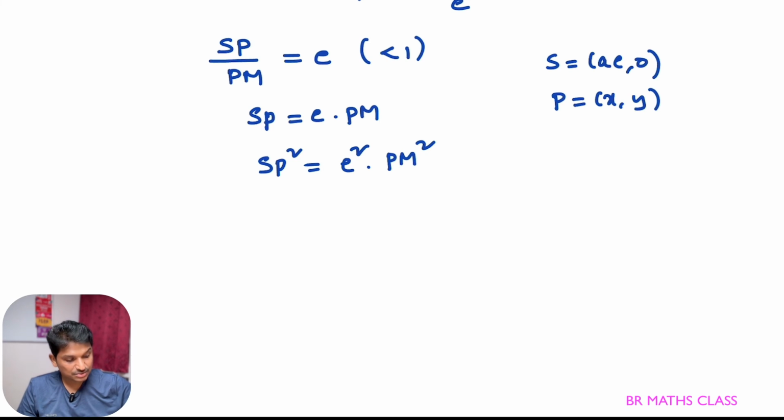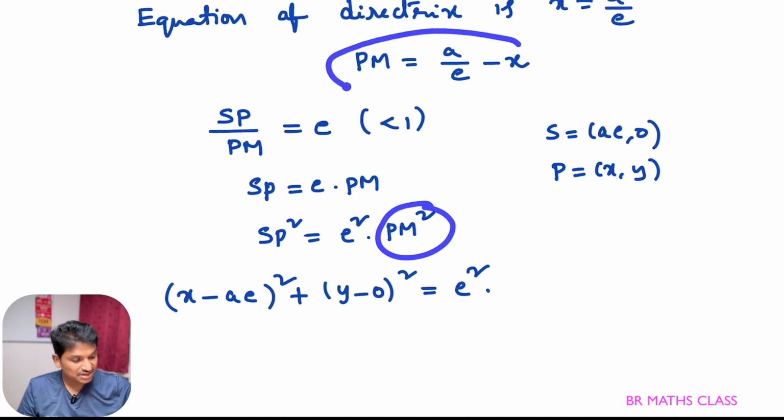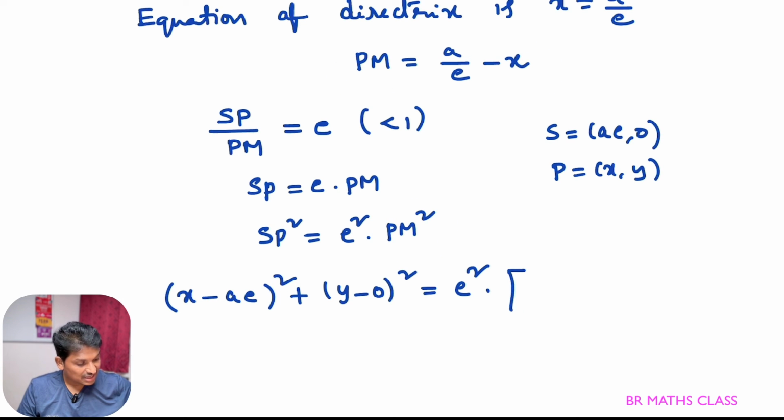So SP square is X minus AE whole square, by the distance between 2 points formula, plus y minus 0 whole square, equal to E square into PM square. PM is A by E minus X, so PM square is A by E minus X whole square.